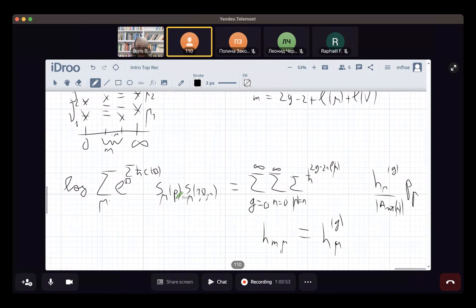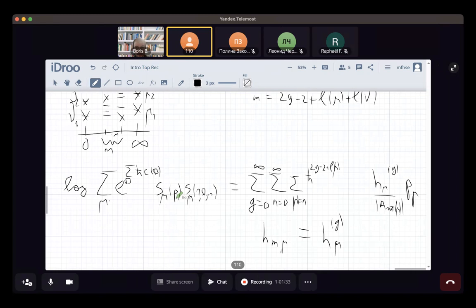Or you can fix the genus, and then the coefficient in front of h bar to the power 2g minus 2 plus L of mu will take into account the genus of the covering, right? So these are not equal; they are different generating functions. But one and the same numbers can be arranged into different generating functions.